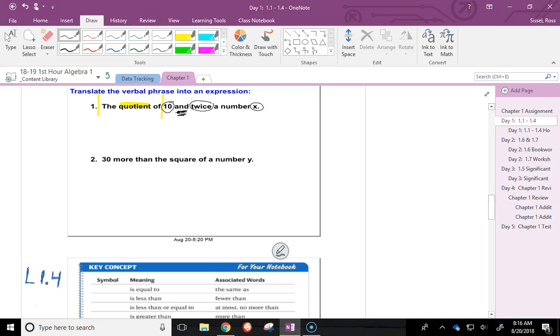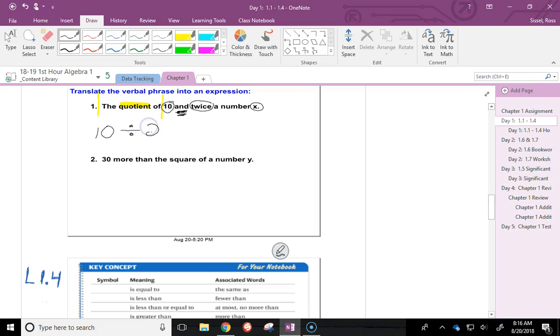Okay, so when I look at this one, I saw quotient. Once again, I know I'm doing division. The quotient of, there's my phrase, so now things are in order. I had 10, and, so that's where my division is going. So I'm dividing 10 divided by twice a number x. Twice means to multiply by 2.